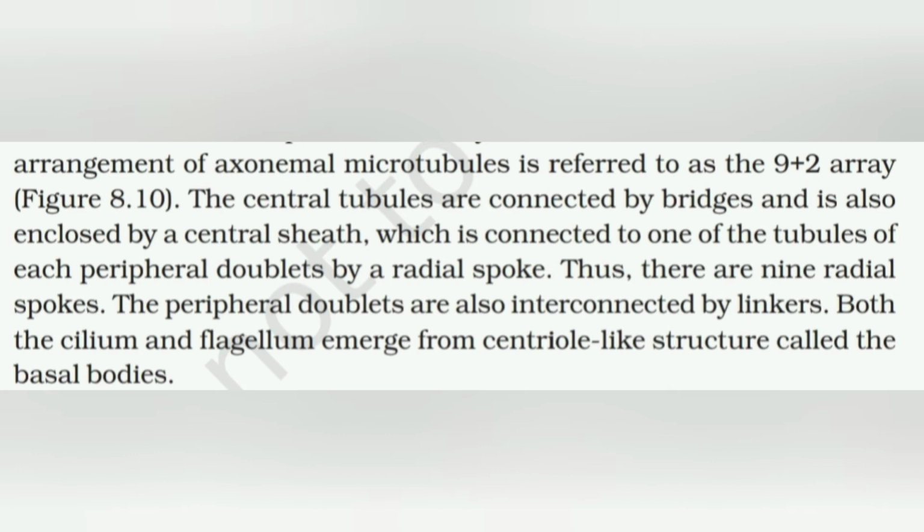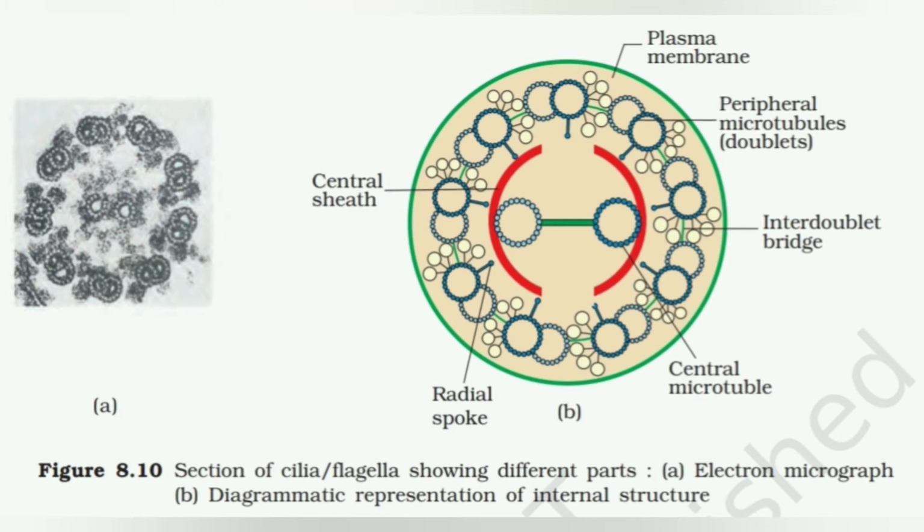The central tubules are connected by bridges and also enclosed by a central sheath, which is connected to one of the tubules of each peripheral doublet by a filament known as a radial spoke. Thus, there are 9 radial spokes. The peripheral doublets are interconnected by linkers. Both emerge from a centriole-like structure called the basal body.